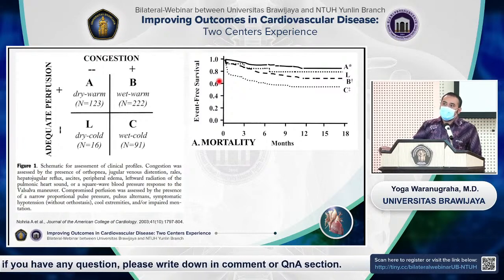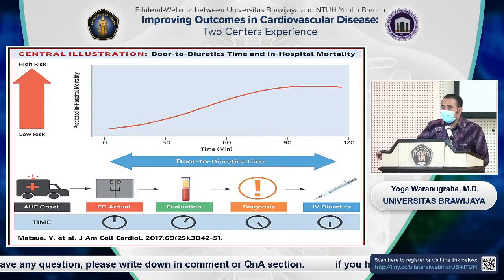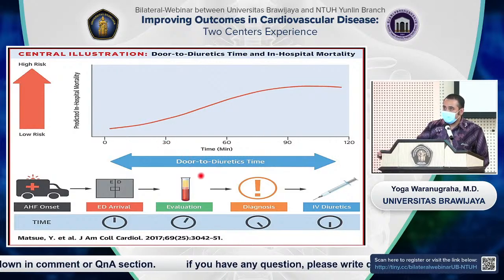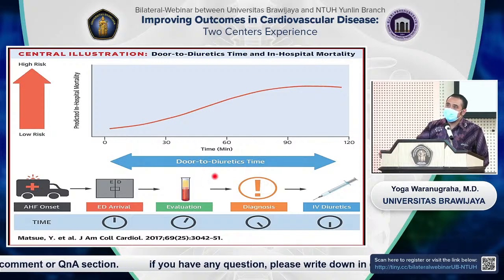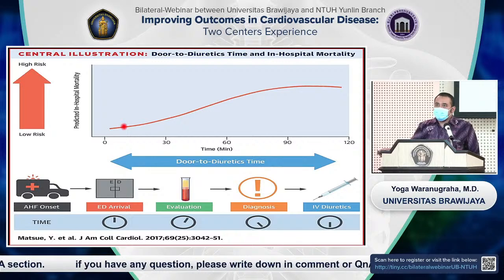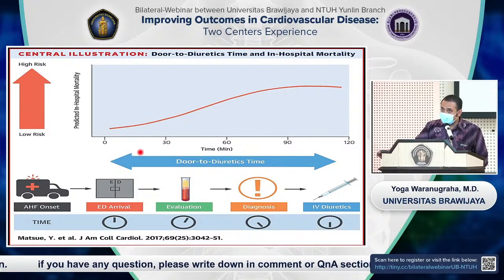This is a nice paper from Matsue in the Journal of the American College of Cardiology, which revealed that a shorter door-to-diuretic time is associated with reduced in-hospital mortality. It means patients with acute heart failure should be treated as soon as possible.